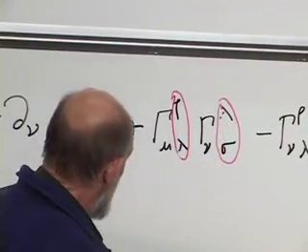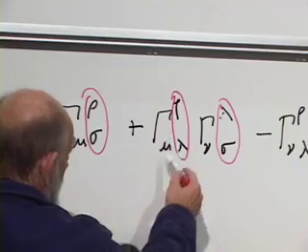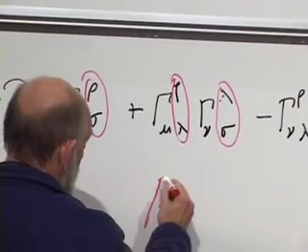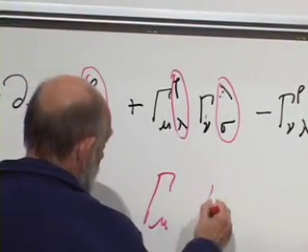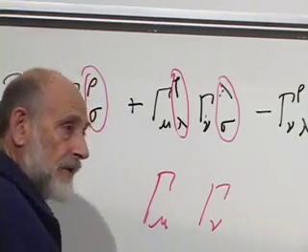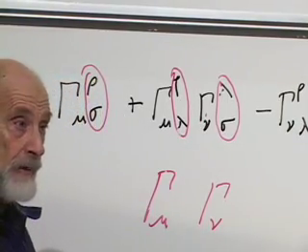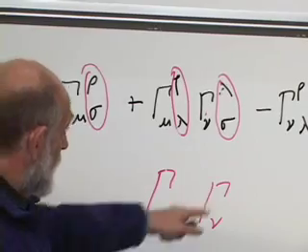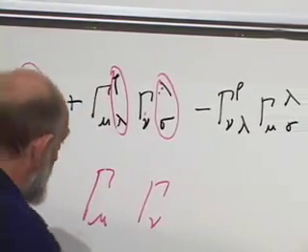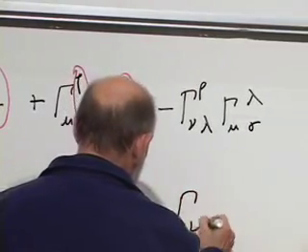All right? And so you could think of this as the product of two matrices, one that you could call gamma mu, and the other that you could call gamma nu. There's hidden indices in here because each one is a matrix. This one is exactly the same, except it's minus gamma nu times gamma mu.